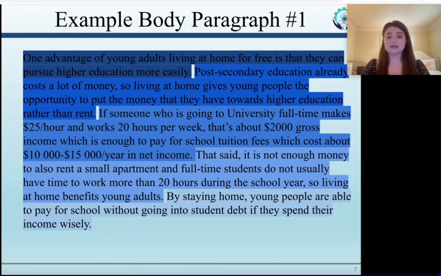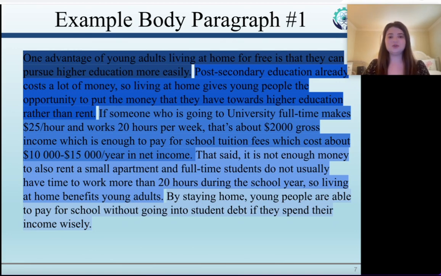It also discusses how come that example is a realistic example, right? Why can't a student just work more than 20 hours a week? Because 20 hours a week, to anyone working full time, doesn't seem like a lot, right? Why are they only working 20 hours? Well, if you're pursuing full-time school, that full-time school, let me tell you, is going to be at least 40 hours a week right there.